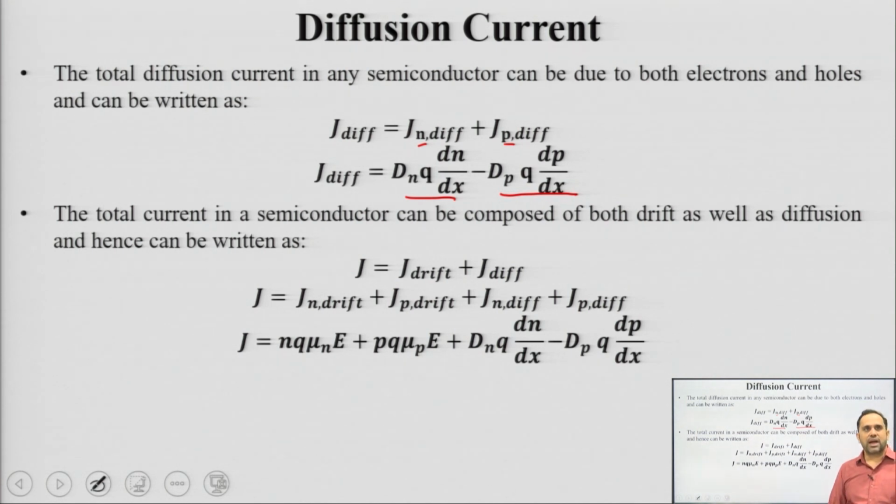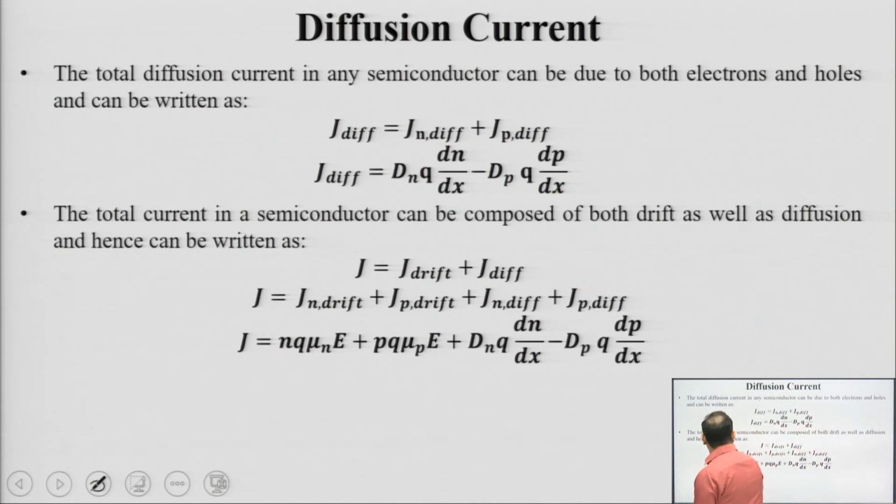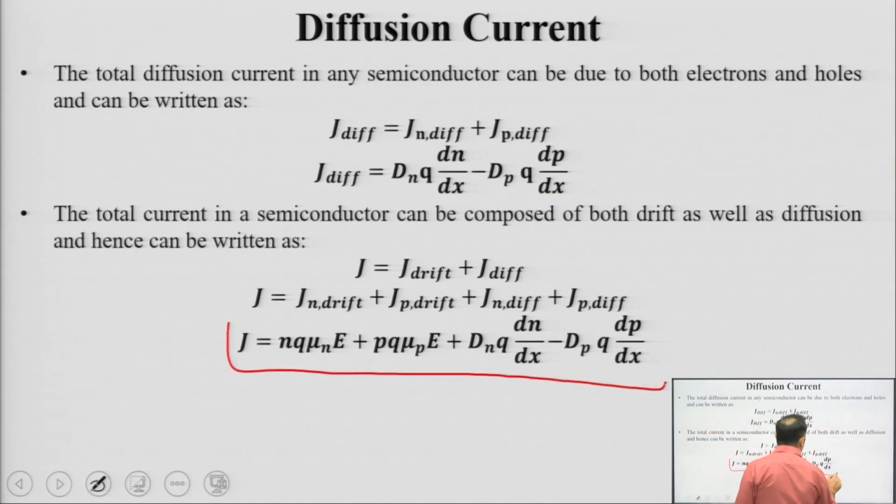And overall inside a semiconductor, the total current has both drift as well as diffusion current. Drift can be because of both electrons and holes, diffusion can be because of both electrons and holes. So, this last equation is quite important for any semiconductor device.